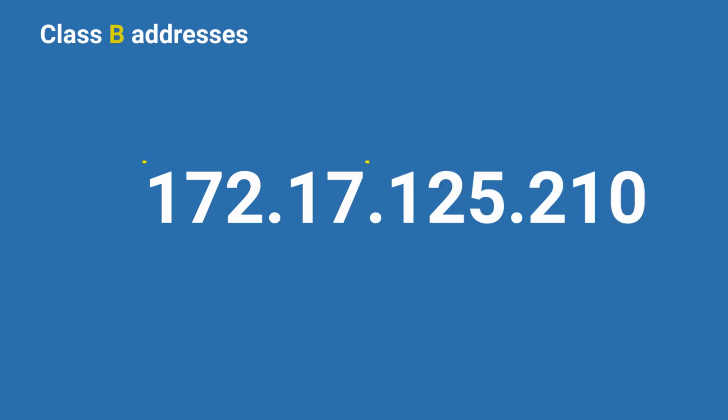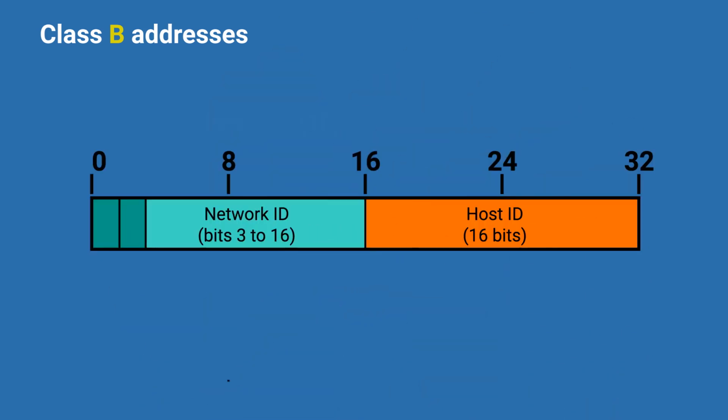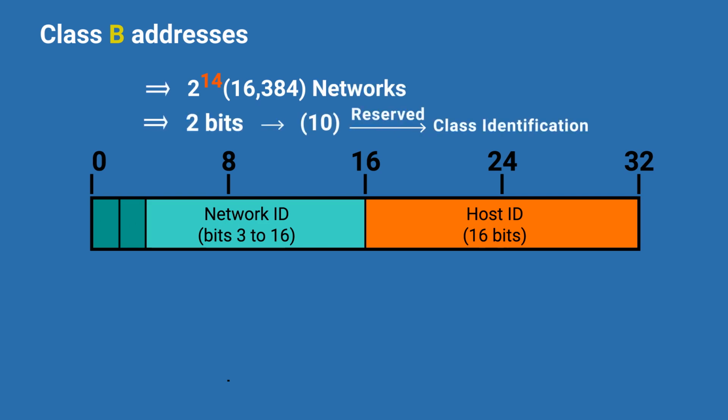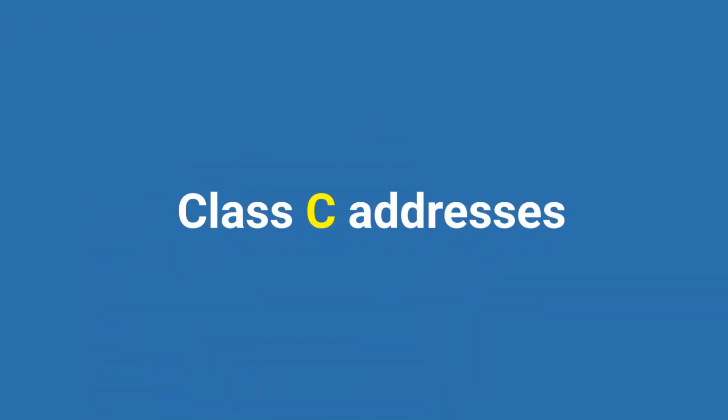The first 2 octets, that is, 172.17, represent the network portion, and the next 2 octets, that is, 125.210, is the host portion. So, Class B addressing can support 2 power 14, 16,384 networks, as 2 bits are reserved for class identification, 10, and 2 power 16, 65,536 hosts.